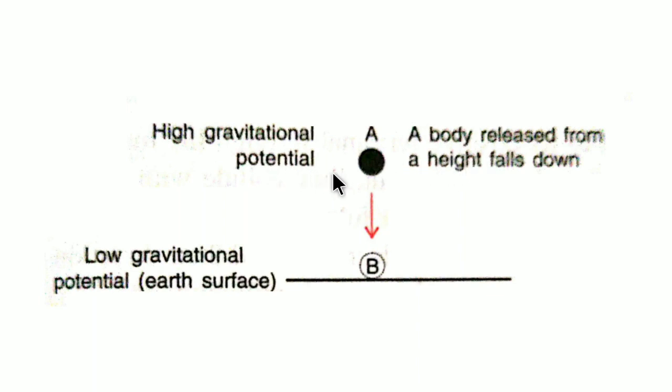So here an object at point A is at higher gravitational potential, and when it is released, it will drop down at point B, which is at low gravitational potential. So simply we can say that an object, when it falls, moves from the higher gravitational potential to the lower gravitational potential, or we can say from higher height to the lower height.